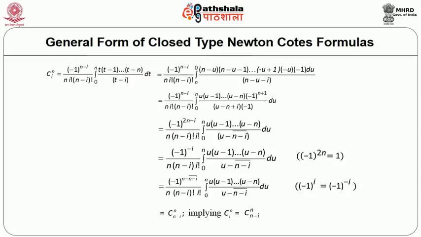So we get (-1)^(n-i) over i!(n-i)! times the integral from 0 to n of u(u-1)...(u-n) du upon (u-(n-i)), and that is the expression for NC(n-i). So this gives us that NCi is NC(n-i), and the sum of the NCi's is 1. These two properties will ease our calculations of the coefficients of the weights wi in our further work.